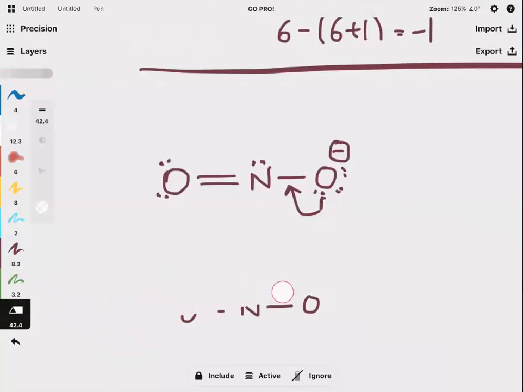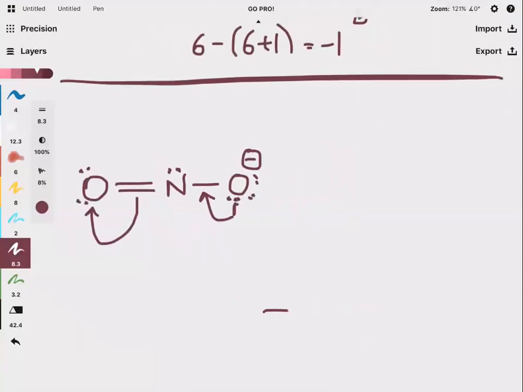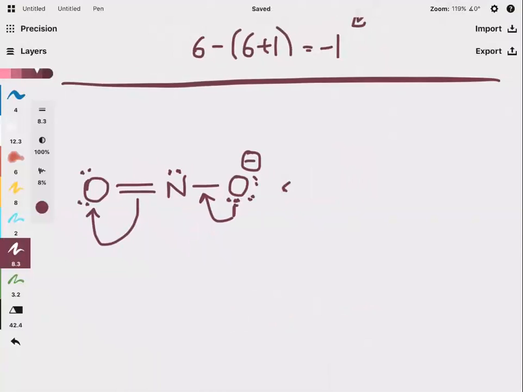So if we're moving electrons from the oxygen on the right side to next to the nitrogen, then we want to be moving this electron density over here onto that oxygen, so the nitrogen is not overburdened with too many electrons, forcing it to expand its octet. When we do that, we end up creating our resonance structure that looks like this.